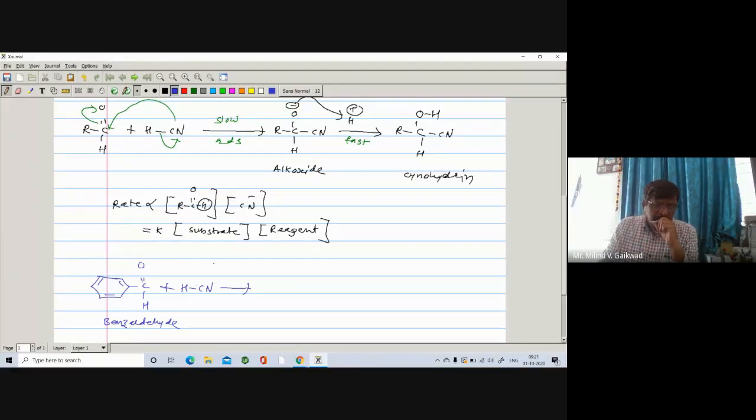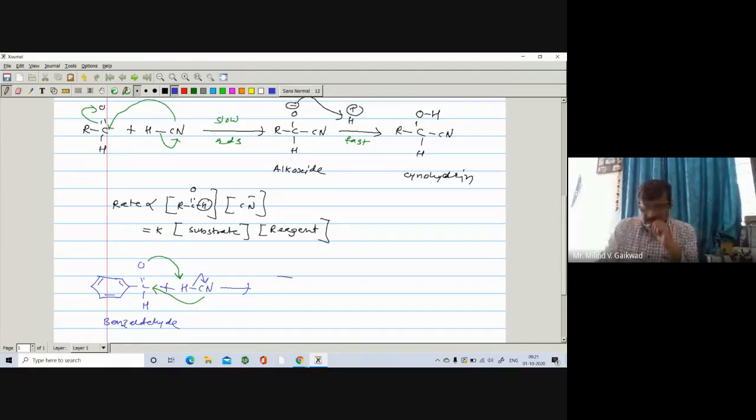Same thing here. This pi bond opens: on the C=O, O negative, C positive. So this CN negative will attack the C positive, and H positive will attack the O negative. I can write it like this also: the CN negative attacks this C positive, and this O negative attacks the H positive, forming the corresponding product.